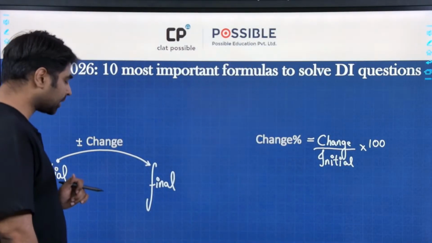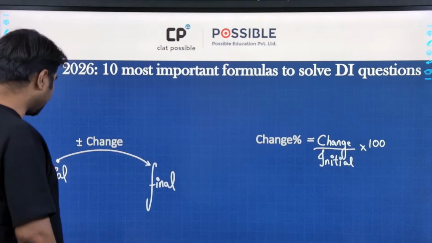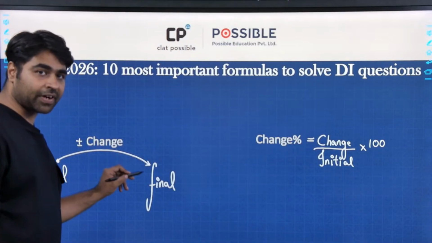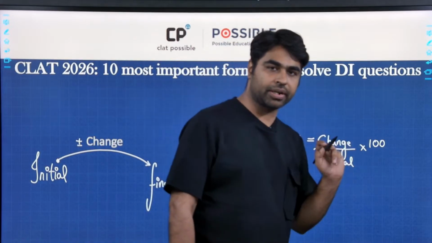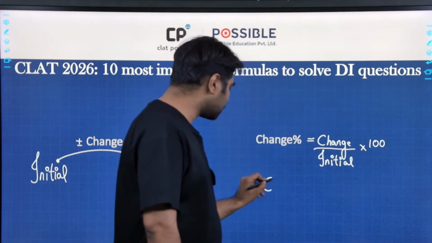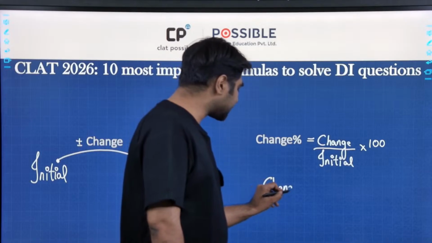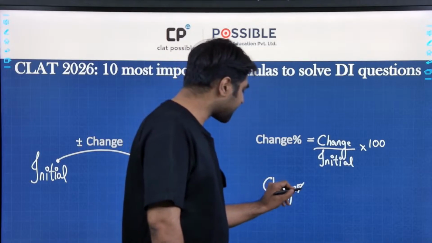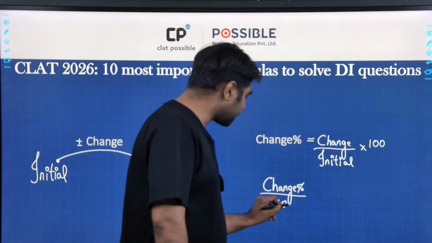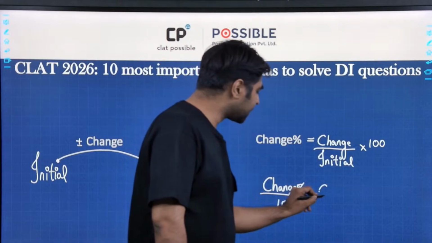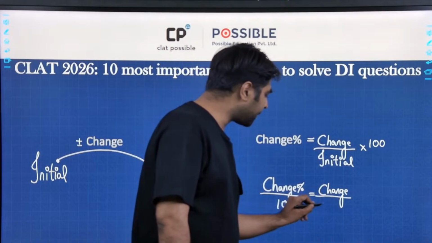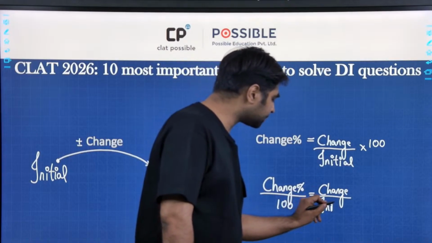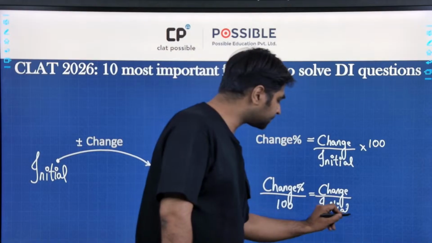Okay guys, now initial plus or minus a change is called the final value, and change percentage is change upon initial into 100. So if I do change percentage upon 100, I will be getting the change in terms of amount when compared with the initial value, right?